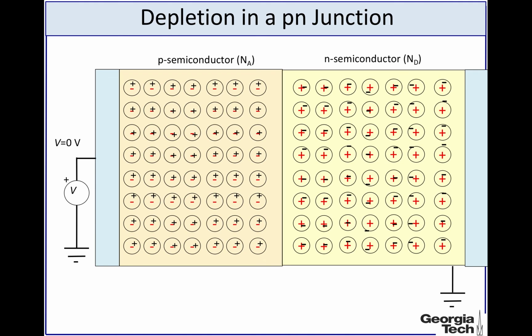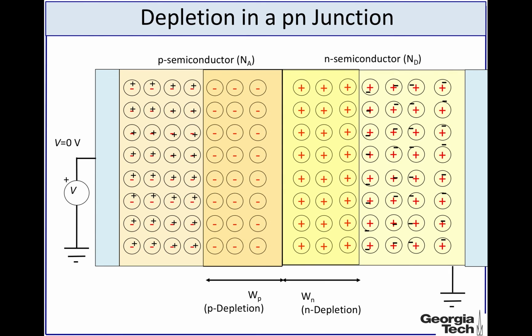In the reverse bias, the p-type region is at a lower voltage than the n-type semiconductor. So if we first start with an equilibrium condition of a PN junction, voltage V equals 0, and this is the depletion region.